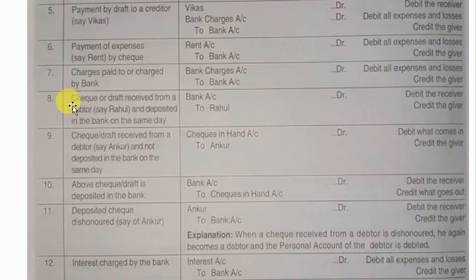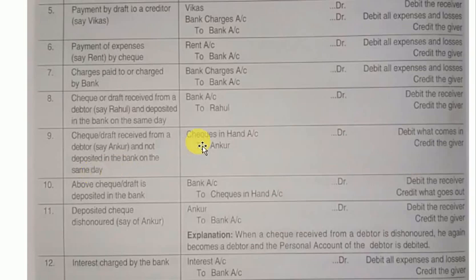Now comes the 8th transaction, that is check or draft received from debtor. If you receive a check or draft, the entry will be bank account debit to debtor, that is Rahul given over here. So to Rahul account. Check or draft received from a debtor and not deposited in the bank on the same day.